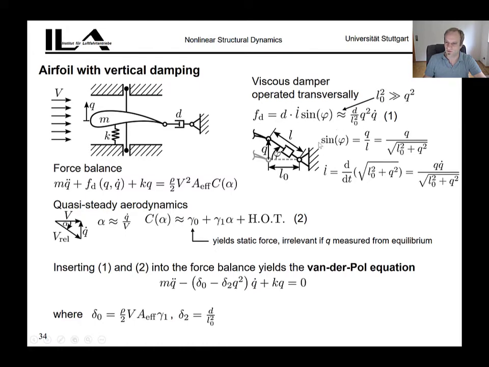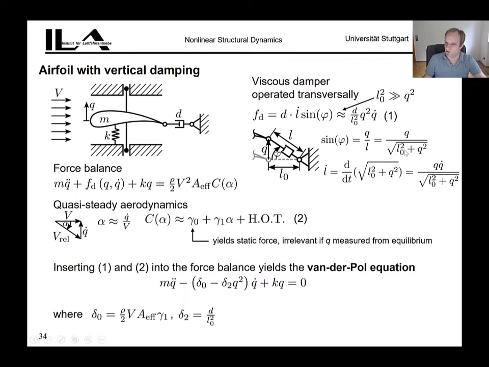First, this angle is, in accordance with this right triangle, just q over L, and L is the geometric sum, the square root of L0 squared plus q squared. And L dot is then the time derivative of exactly this expression, which leads us to this. Now if we put both together, we basically have d times q squared, q dot, and then in the denominator we have this square root times the same square root.